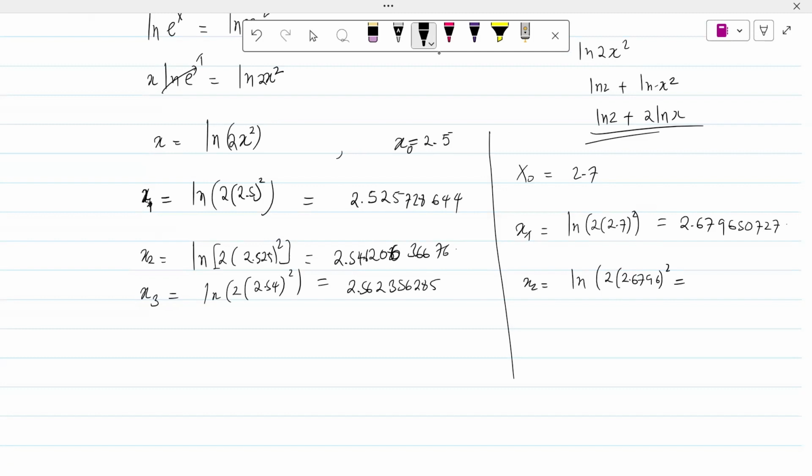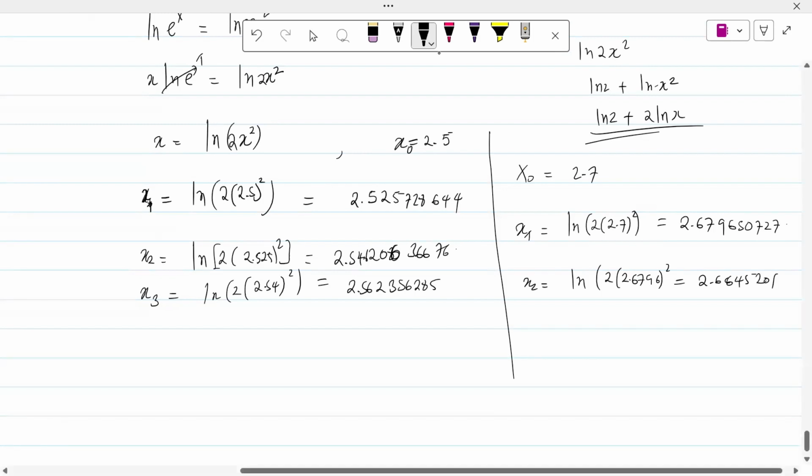This is equal to 2.6645201. Okay, you can also try x3 now.